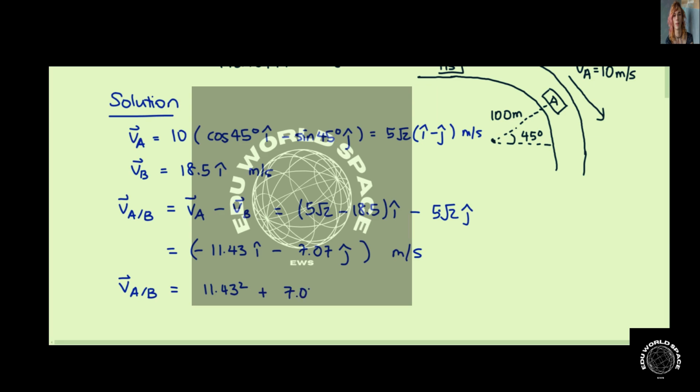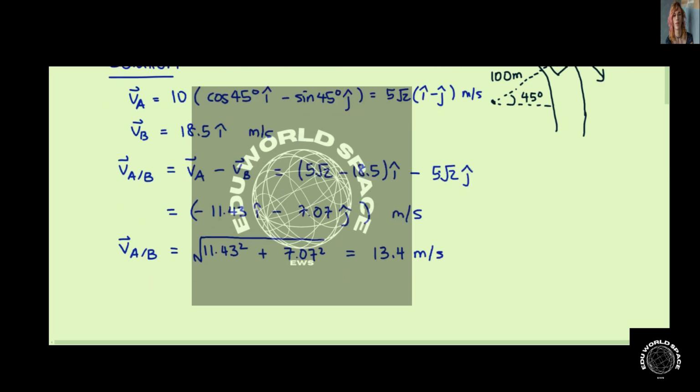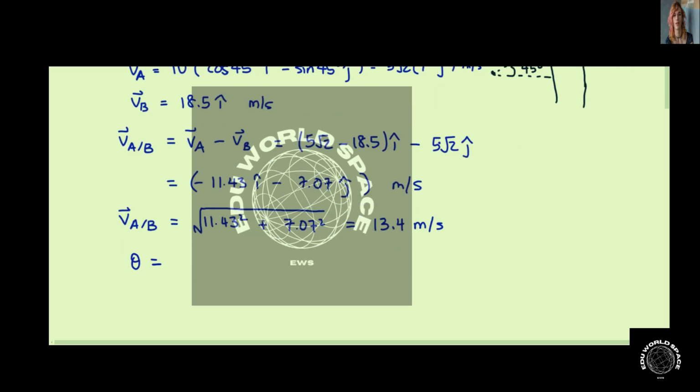This is what you get: 13.4 meters per second. Then the direction theta is equal to arctangent of the y component divided by the x component, and this angle is 31.7 degrees.